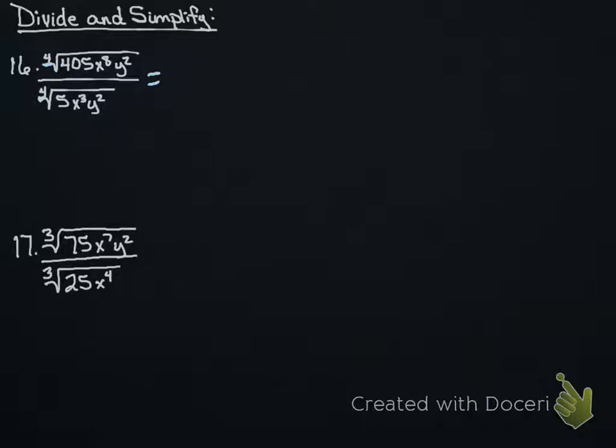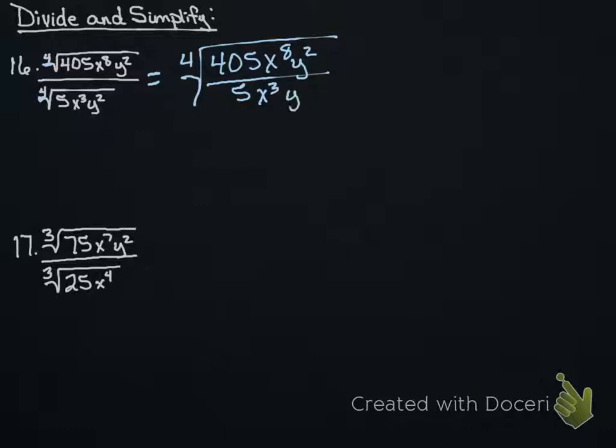Because of that, I can combine everything under the same radical. 405 x to the 8th power y squared divided by 5 x to the 3rd y squared. I'm going to do my division right here under the radical sign.